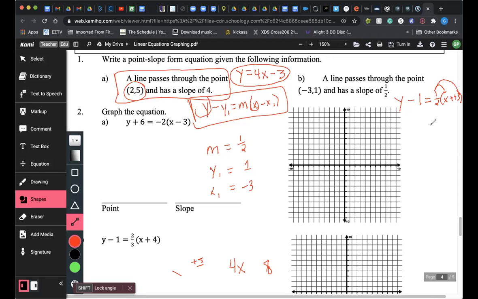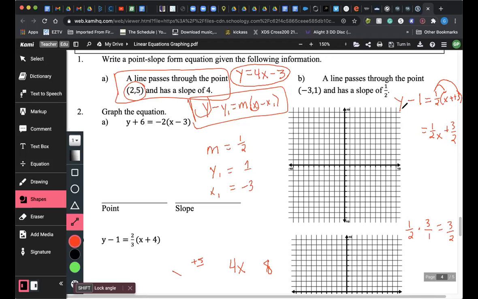So 1/2 times x is just going to give me 1/2 x. 1/2 times 3 over 1 is just going to give me 3 over 2. I'm just going to leave it like that, plus 3/2.